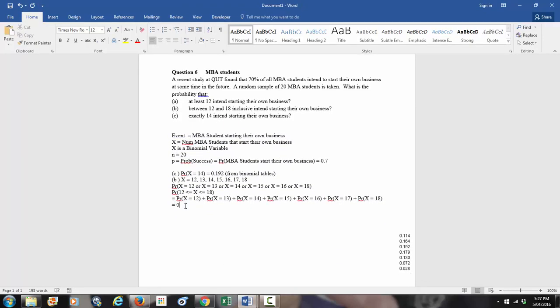So that becomes equal to 0.114 plus 0.164 plus 0.192 plus 0.130 plus 0.072 plus 0.028. So you would plug those values into the calculator and you would get your solution.